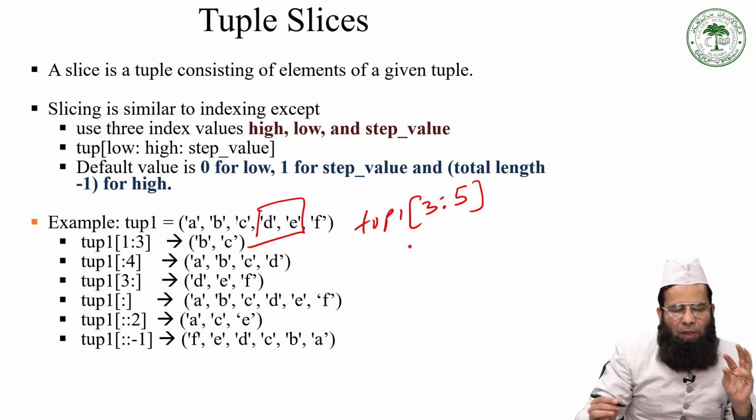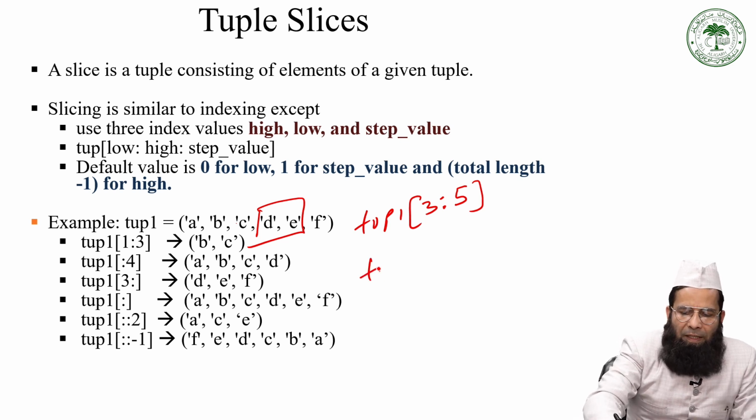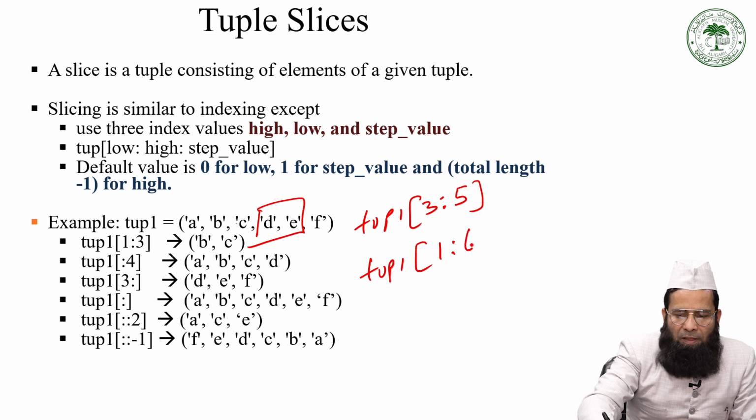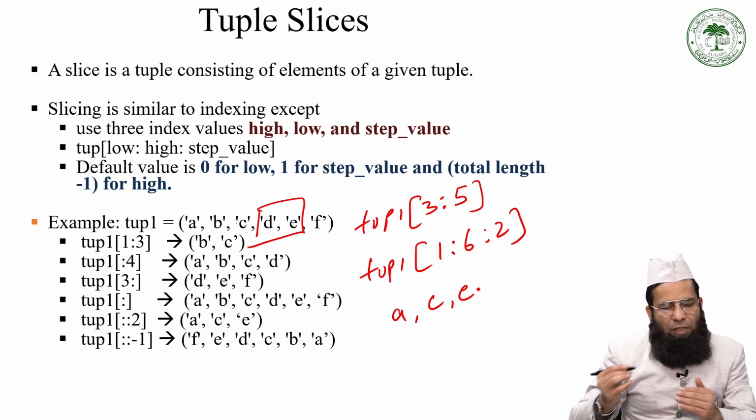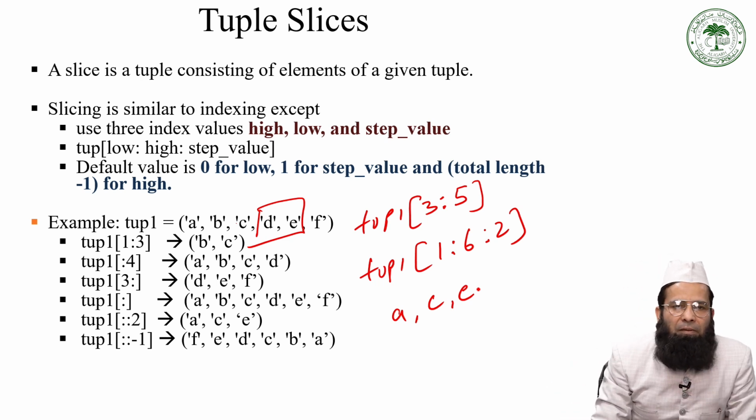If you want to use 2 colons, it says that you are interested in step value as well. Let's say I'm writing tuple[1:6:2]. So it means first I will access A, then step value is 2, so C and then E, right? That's it. So in this way you can slice the tuple.